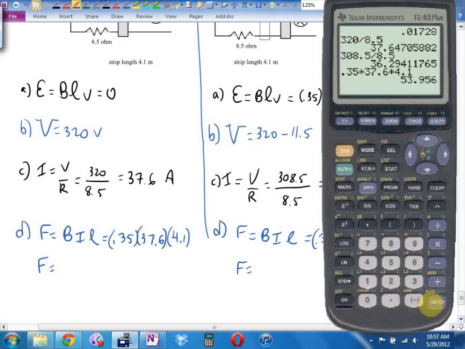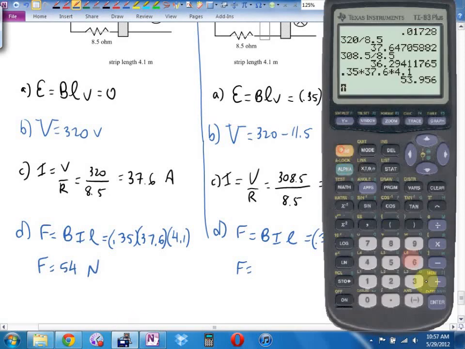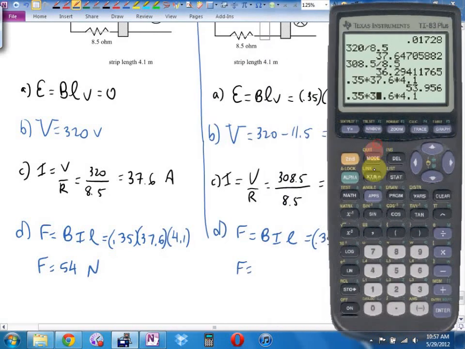You get 54 newtons for the first one. 0.35 times 37. Yeah, 54 newtons. For the second situation, 52.1 newtons.